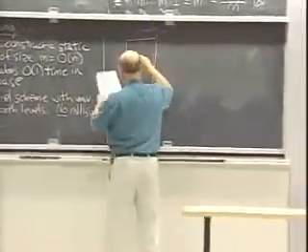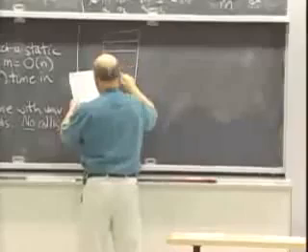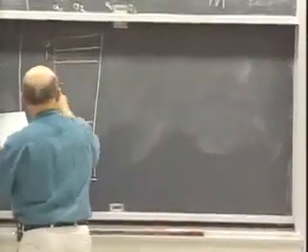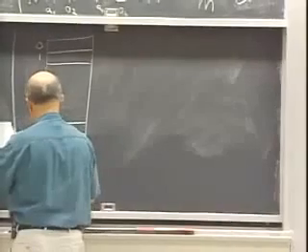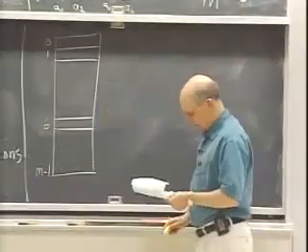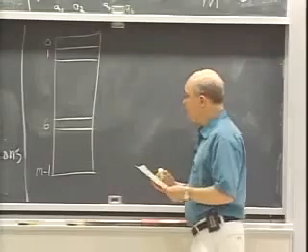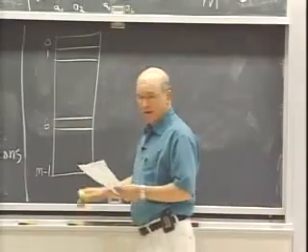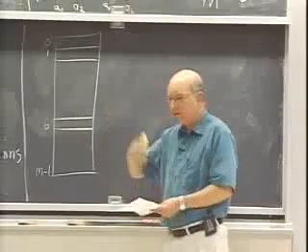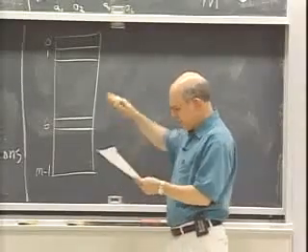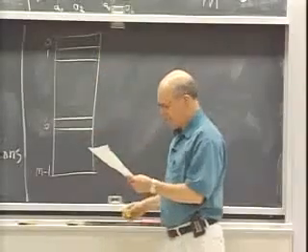So we have 0, 1, let's say 6, m minus 1. So here's our hash table. And what we're going to do is we're going to use universal hashing at the first level. So we find a universal hash function. We pick a hash function at random, and we'll hash into that level.